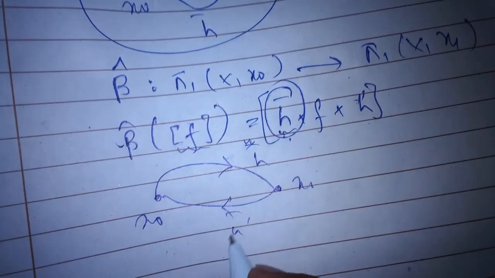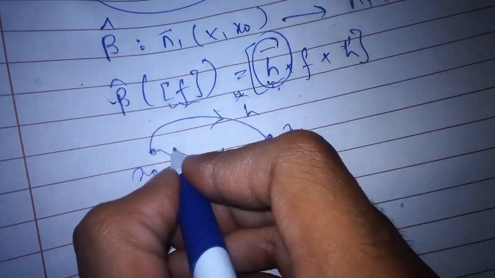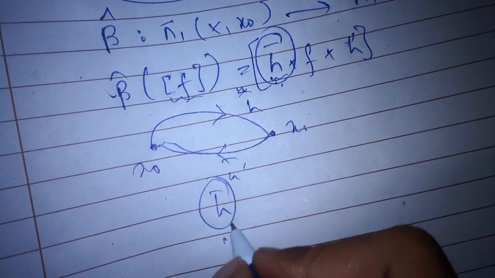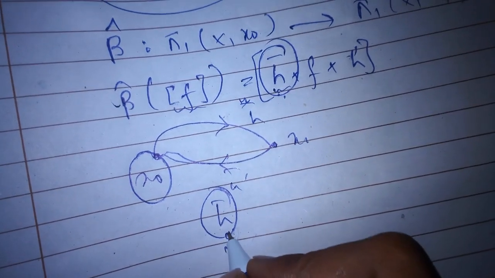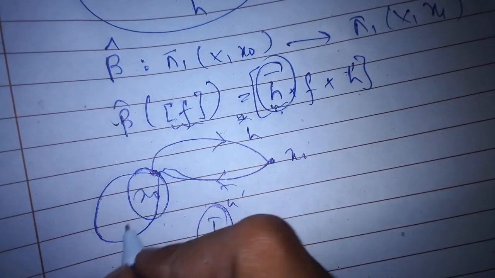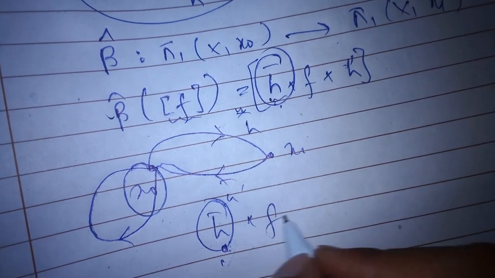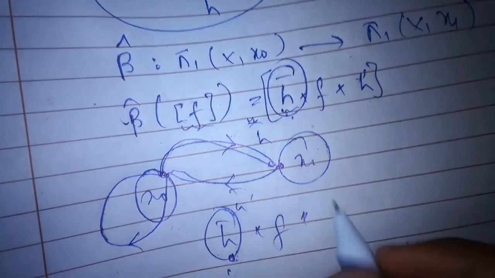So first we apply h bar, from x1 to x0, then f is a loop here, then h, back to x1.